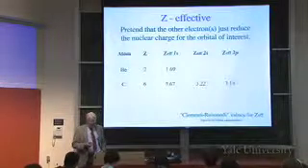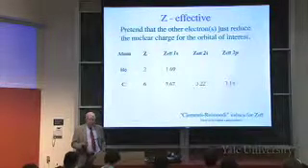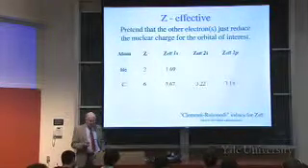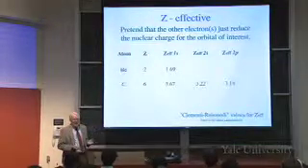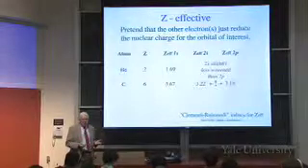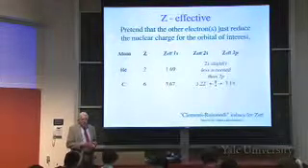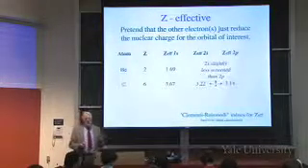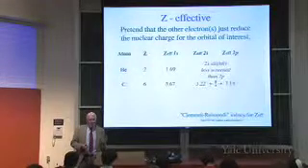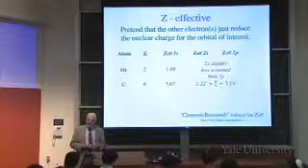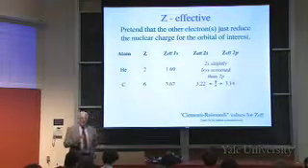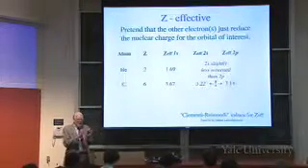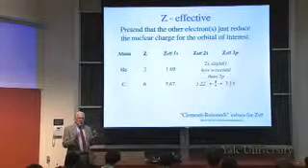So 3.22, and the z effective for 2p is different than for 2s. It's 3.14. What do you notice about those two numbers? You might think they'd be more or less the same, and they are, but 2s is slightly less screened. It sees more of the nucleus than the 2p does, okay? So it looks like 2s gets more down inside than 2p does.